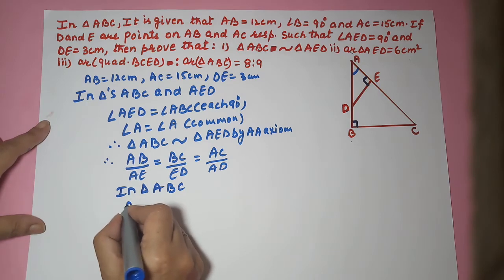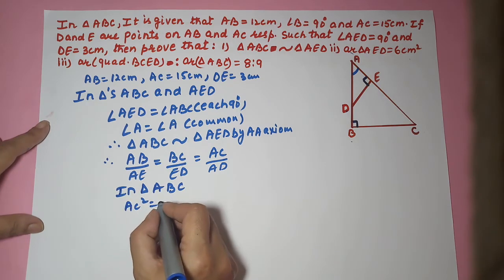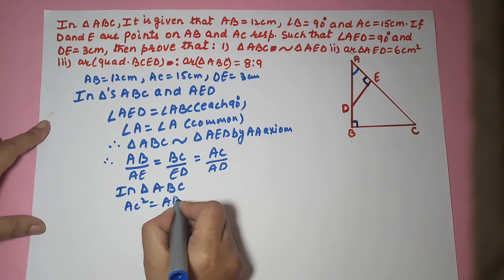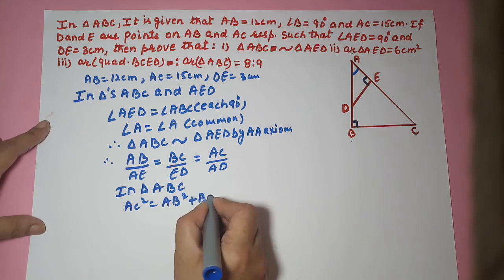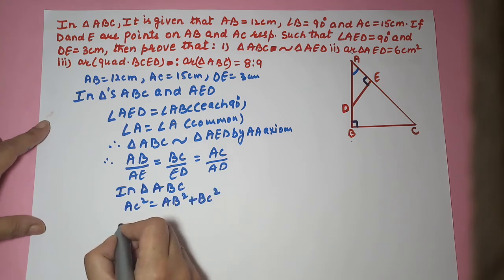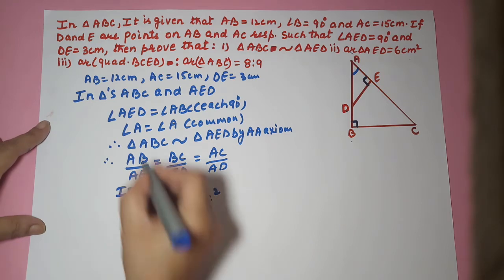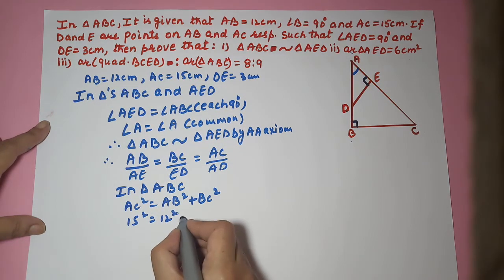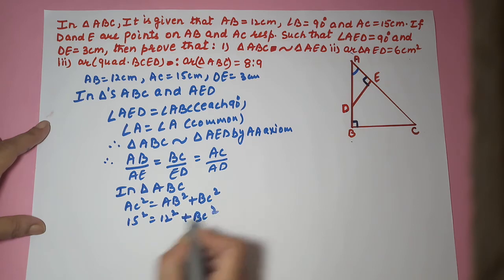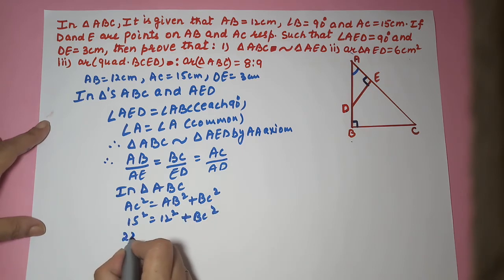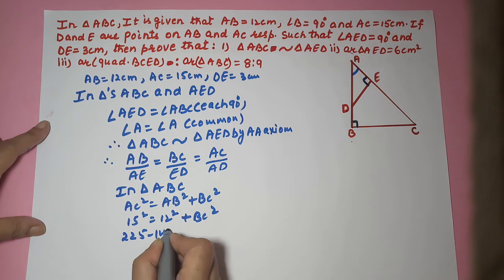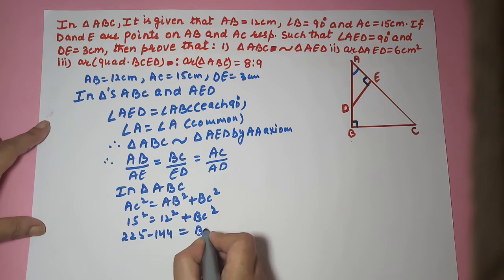So AC square is equal to AB square plus BC square. So AC is 15 square, AB is 12 square plus BC I have to calculate. So this is 225 minus 144 equals to BC square.